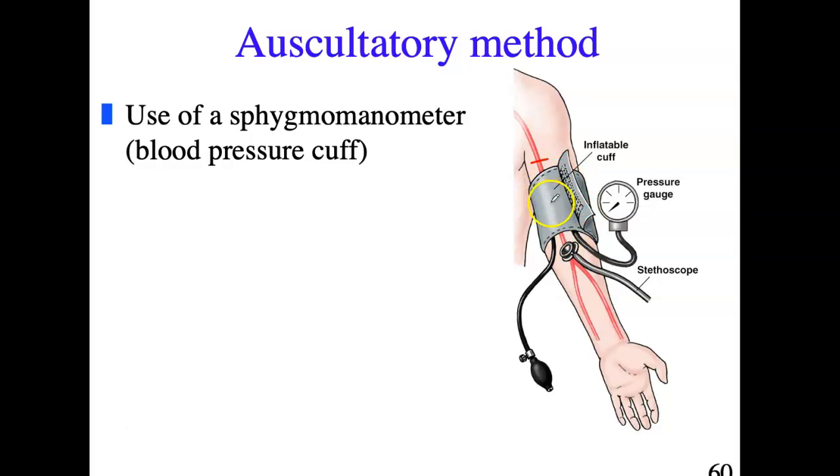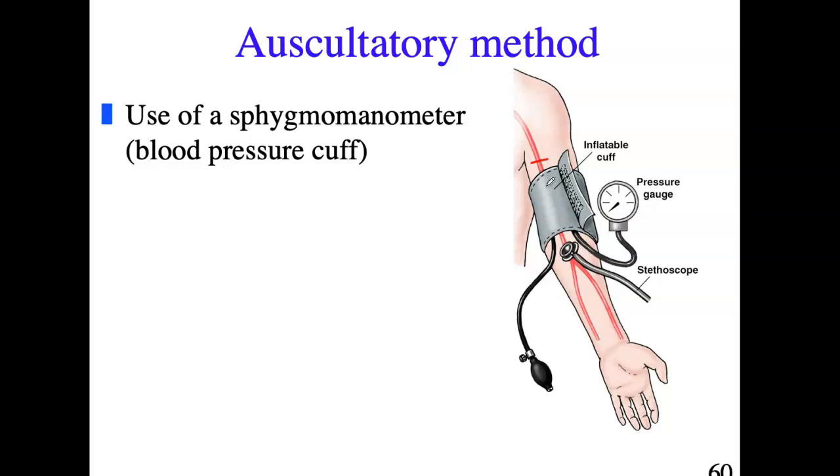However, if little by little you went releasing the cuff, at some point flow would initiate again through that artery, but it would be very noisy because it would be constricted, kind of like the garden hose with your finger on it, right? You're not letting all the water out, so it's going to be noisy. If you remove the finger, it's going to be silent again because the water is flowing unobstructed.